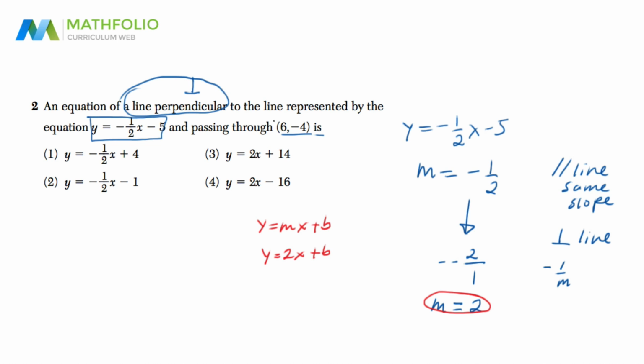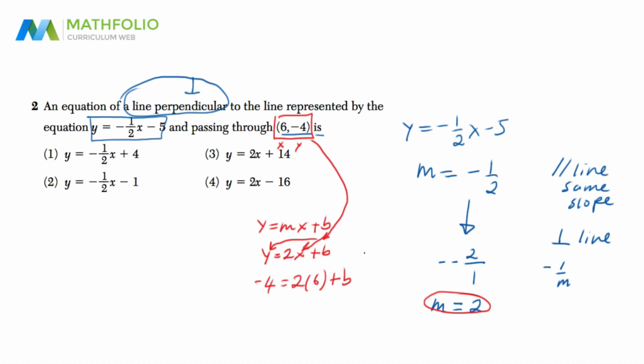And the other thing that we didn't use yet is that it goes through this point 6, -4, so we've got to plug this in to the x and also to the y. So make sure we put them in order. It's x comma y. So this is going to be -4, which is our y value, equals 2 times 6 plus b.